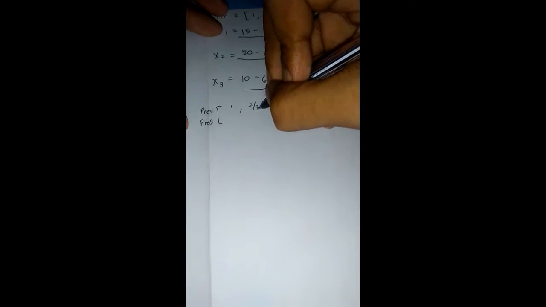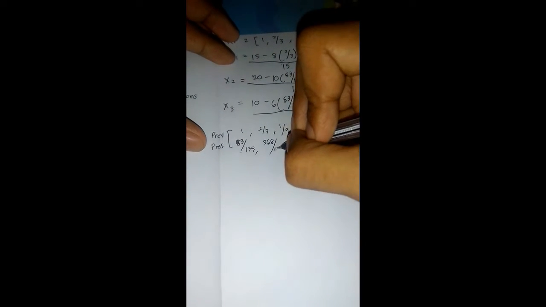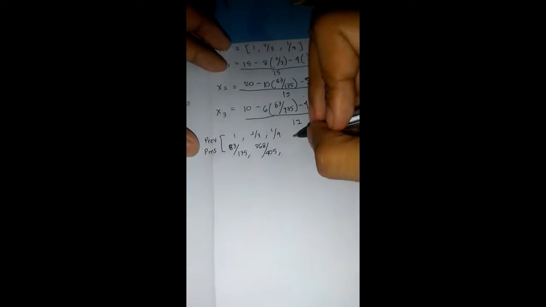By checking the approximation error, you have previous values 1, 2/3 and 1 over 9, and the new values 83 over 135, 368 over 405 and 271 over 1215.